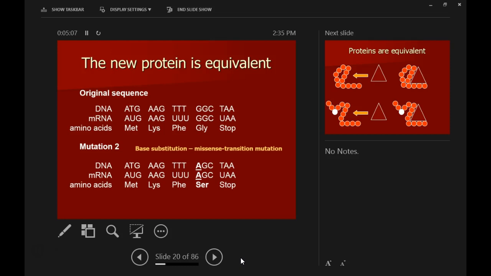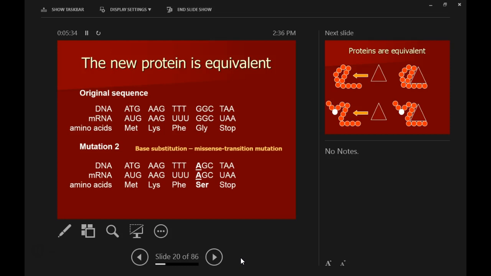Missense, we get a different amino acid. Now there's one point left, and you'll notice that we have one more subclass to talk about, and that's what we call a transition. Right.